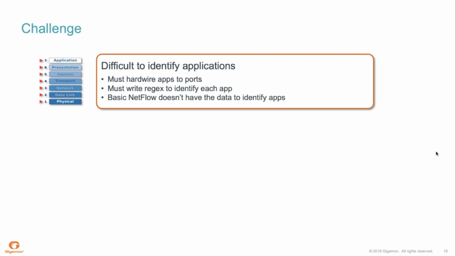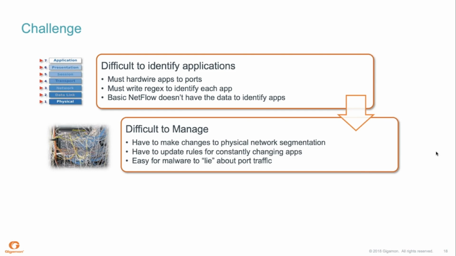There might be cases where I write regular expressions to identify the application based on network traffic. So I see what traffic is going by, and this is the pattern of this particular application. Typically basic NetFlow. NetFlow does a lot of things, but typically there's not enough information in there to confidently identify what the application actually is, and be able to take action according to what we should be doing with that application.